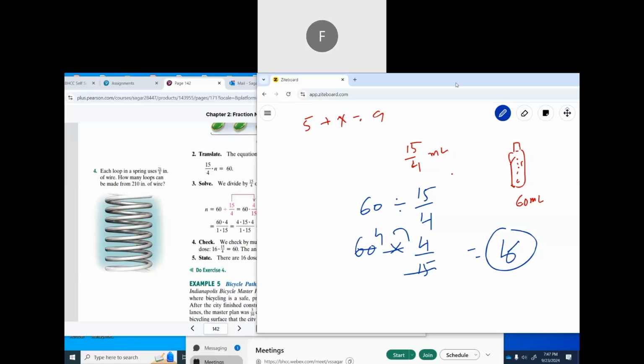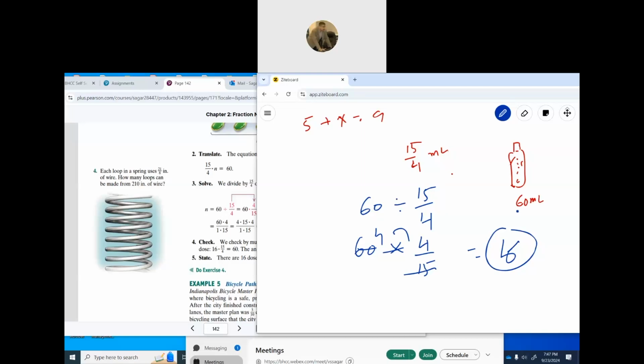It says each loop in a spring uses 21 over 8 inches of wire. How many loops can be made from 210 inches?